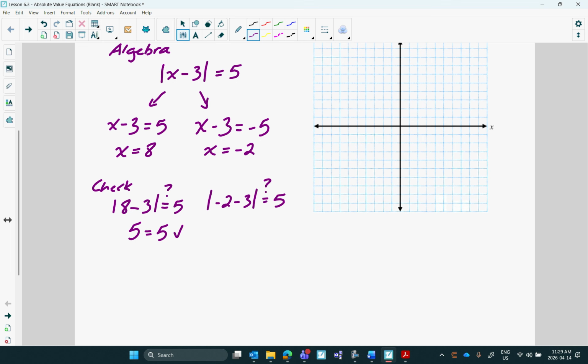Well, -2 subtract 3 is -5, and then when I take the absolute value, I get 5. So that one works as well. So both of those are good solutions. Okay. We will find sometimes we'll get one that doesn't work.